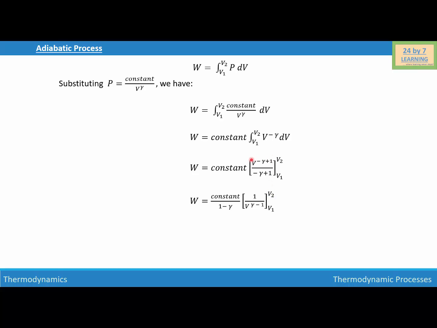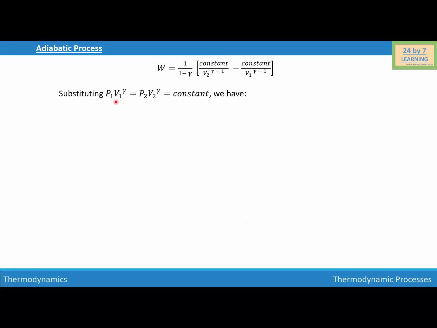And what we are doing, we are taking the numerator to the denominator. Now let's substitute the lower and the upper limit, and if we do that, we will write W is equal to constant over 1 minus gamma, inside the bracket 1 over V2 to the power gamma minus 1, minus 1 over V1 to the power gamma minus 1.